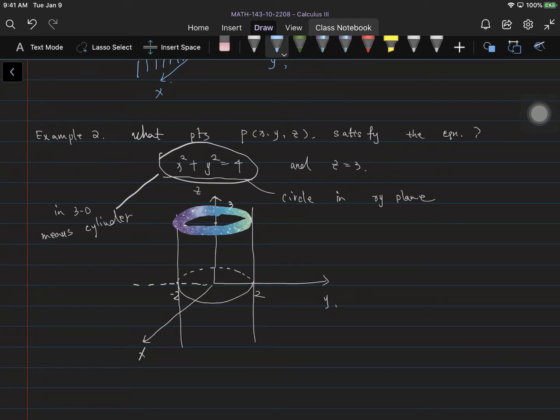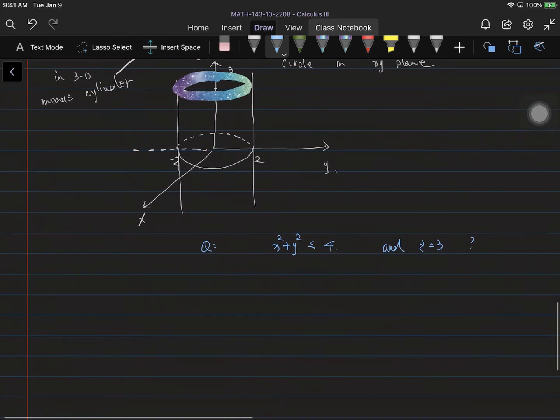And right now I can ask you another question. You can think about this. If I give you the inequality x squared plus y squared less than or equal to 4 and z equals 3, do you know where the points are? Okay. Let's see. In that case, x squared plus y squared less than or equal to 4 gives us a solid cylinder, but z equals 3.